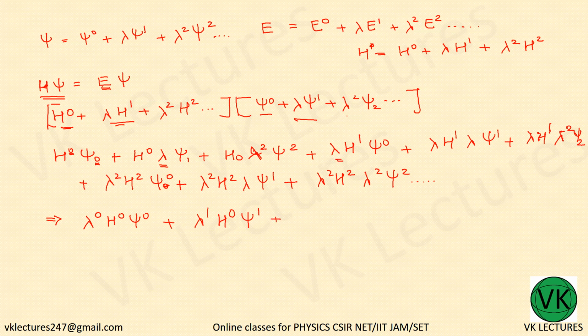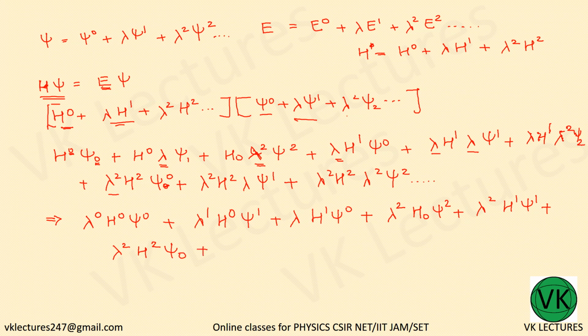So plus lambda into H1 psi naught, plus here we have lambda square H naught psi 2 plus lambda square H1 psi 1 plus lambda square H2 psi naught.